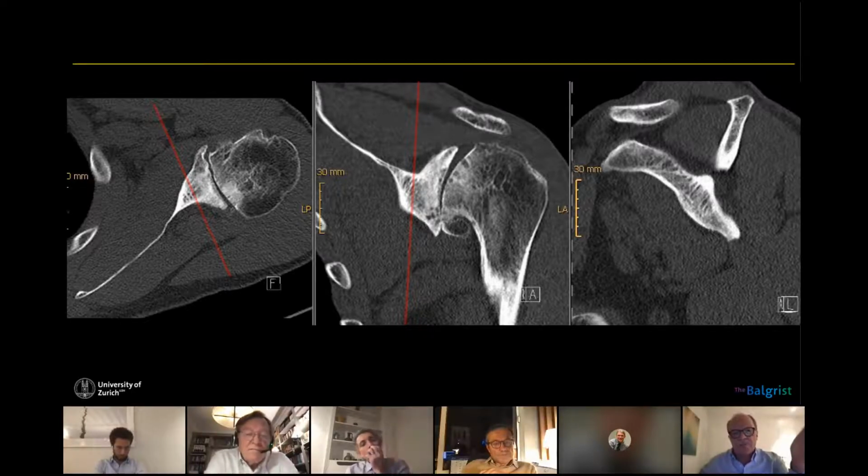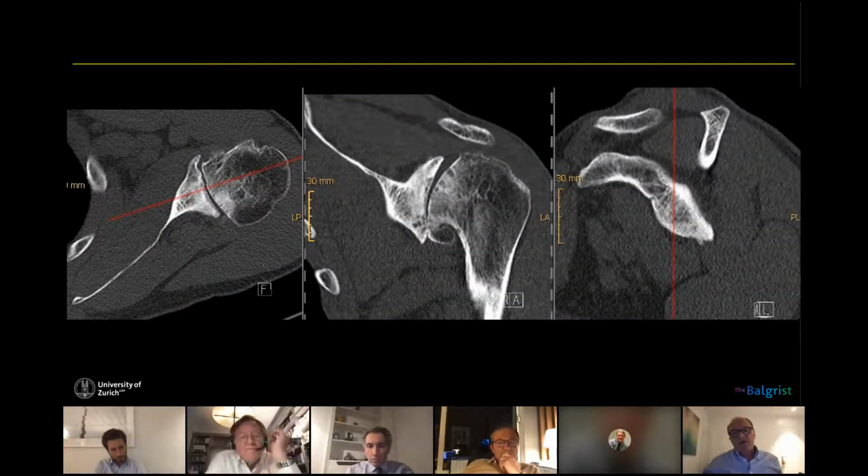If you have put your glenoid base plate here, you can say where you want to go with your screw. Your screw at 1.5 centimeters away from the base plate has to be posterior. There's only bone posterior. Anterior, there is no bone. So you can know that from the preoperative CT scan and can plan accordingly.